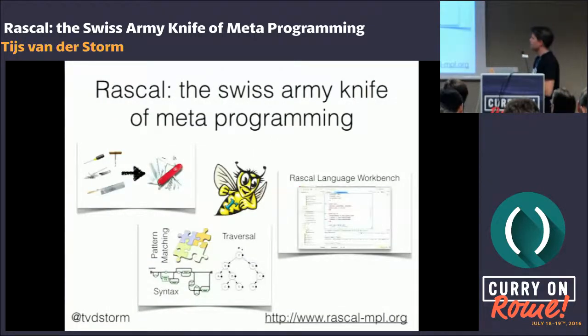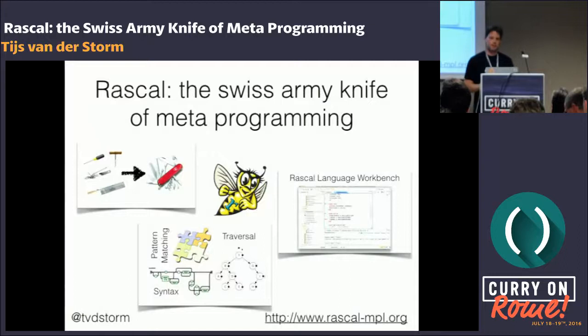Okay, so metaprogramming. We have lots of tools to do these things, but they don't integrate very well. We think that in Rascal we have bound together numerous existing language features into a unified whole. You can use it for reverse engineering tasks or metaprogramming.